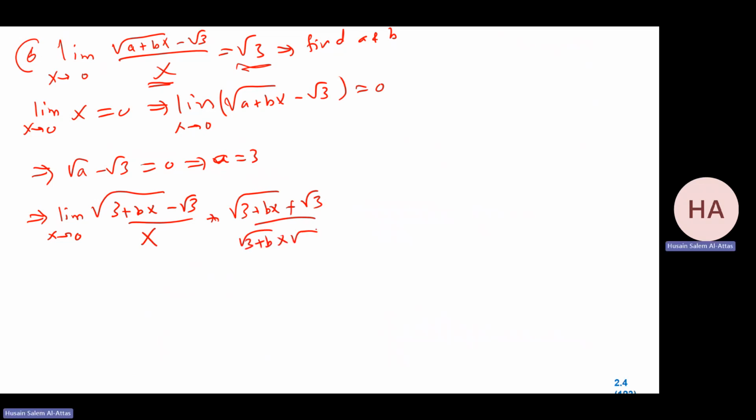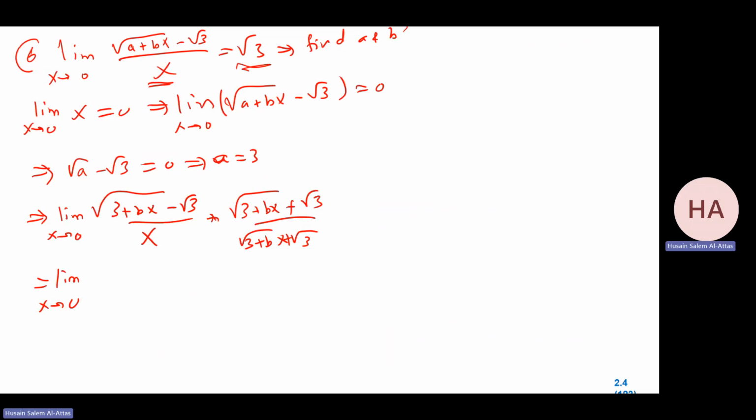This is plus. That will be what? Limit x goes to 0. That would be what? 3 plus bx minus 3 over x.